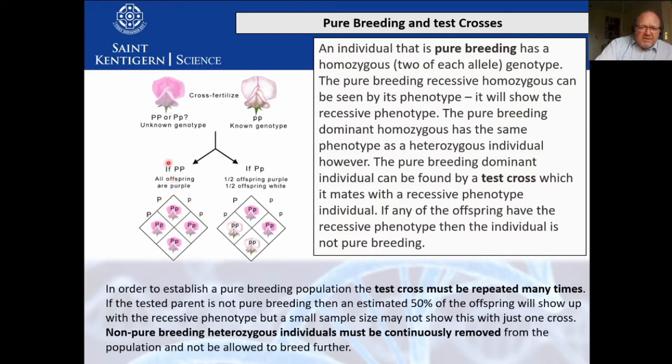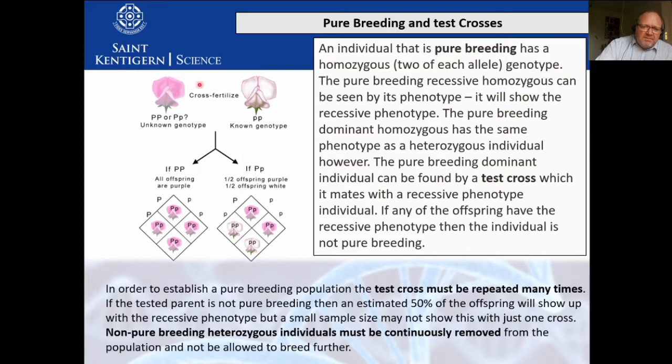And if you do this enough times, because you can't just say after the first time, because remember, this is every fertilization. So if the individual over here was a heterozygote, it has a 50-50 chance of producing white offspring for every fertilization.